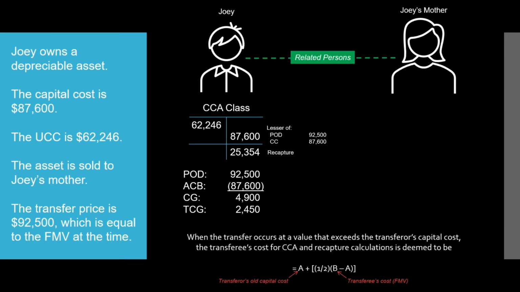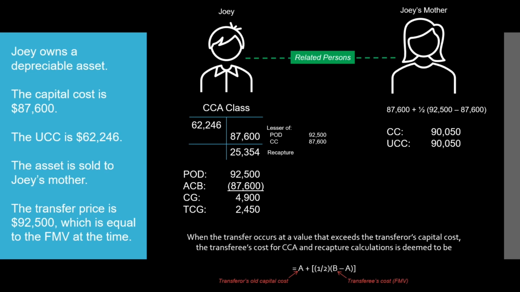That means we can take $87,600 and we could add 1/2 of ($92,500 minus $87,600). And that will equal a capital cost for the purposes of CCA and recapture of $90,050. The undepreciated capital cost will be the same amount.